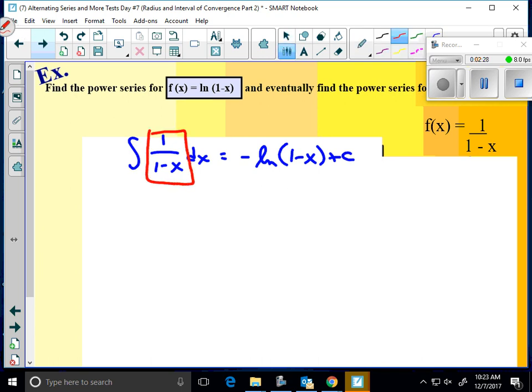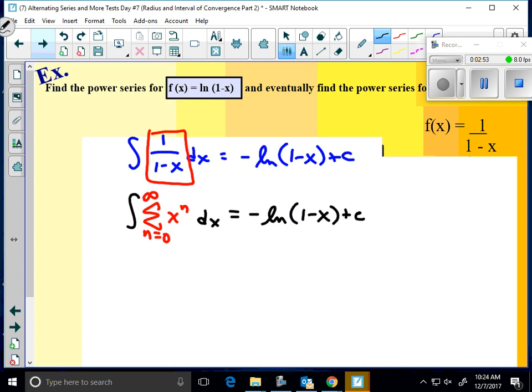That's equal to the sum from n equals 0 to infinity of x to the n. Now, believe it or not, you can integrate something like this with respect to x. Yes, you can. It's still just going to equal negative natural log of 1 minus x plus c.